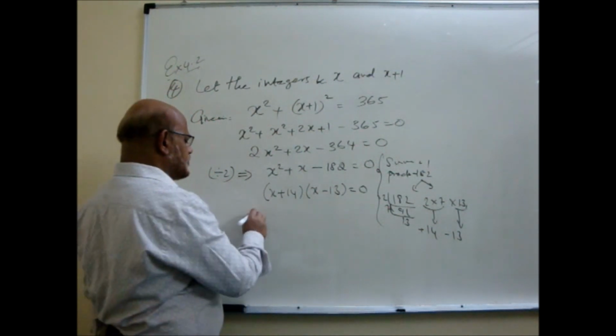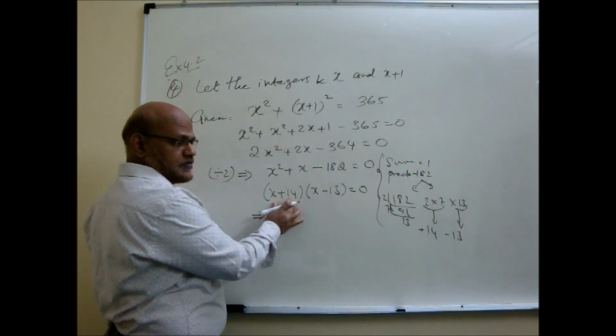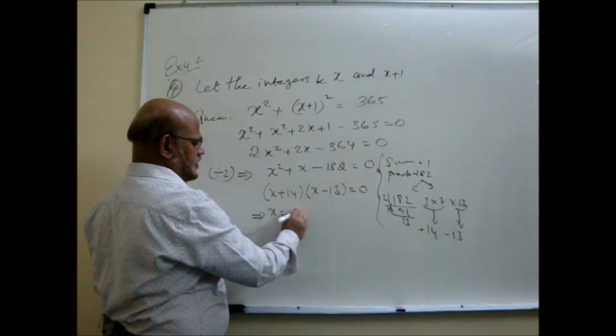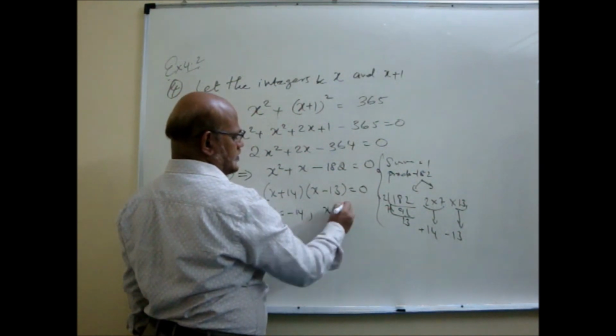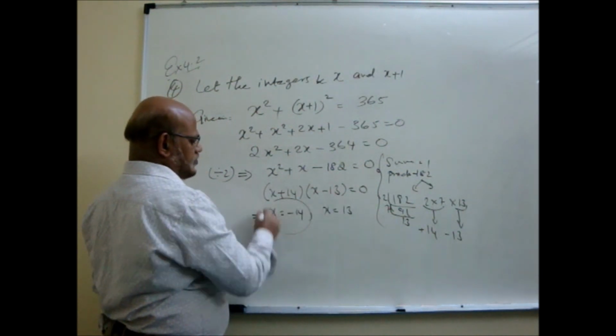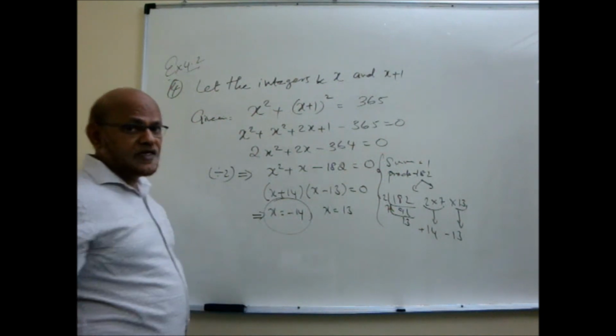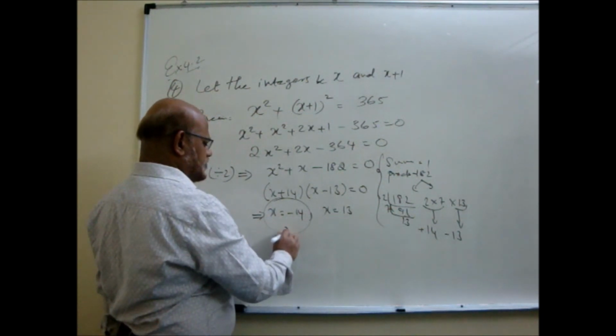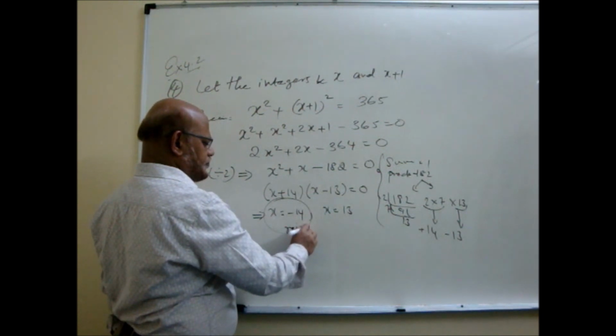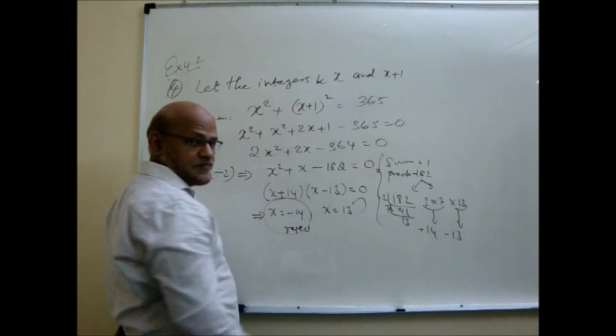This gives, if this is equal to 0, x is minus 14. If I equate this to 0, x is 13. I cannot take this number because the number is a positive integer we have taken. So this value we reject or discard, and take only this value.